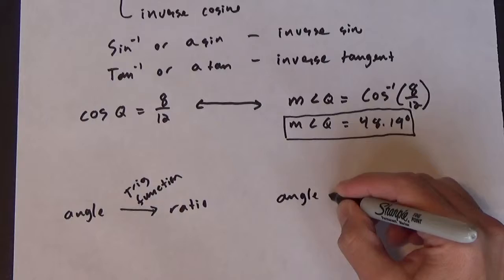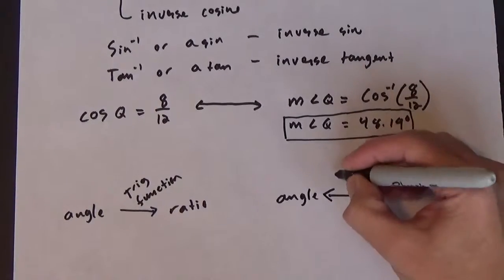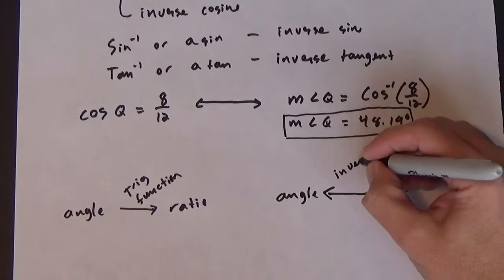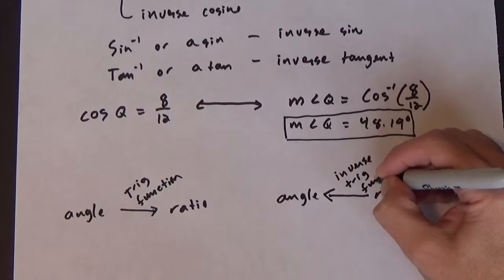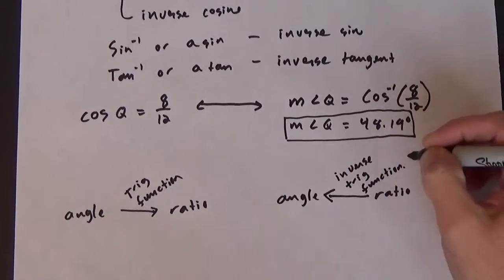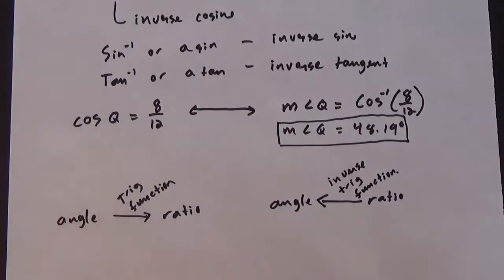If you want to go backwards, that's the inverse trig function. So you kind of have to remember which way you're going. Are you going from the angle to the ratio or the ratio to the angle? And that'll help you determine which of those two buttons you need to use.